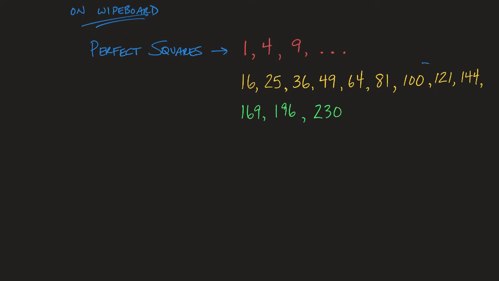If you know everything up to that 10, look at the last digit in all your perfect squares. 11 squared ends with a 1. So what's 1 times 1, or what's 1 squared? 1. It finishes with that same last digit. 12 squared? Well, 2 squared finishes with a 4. 13 squared?